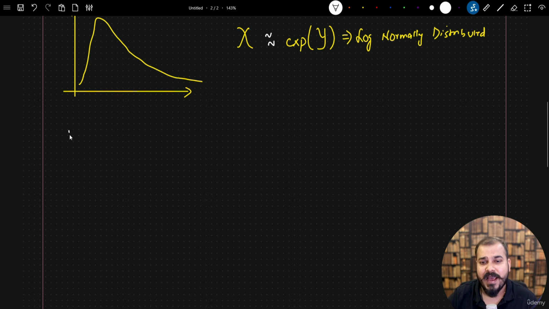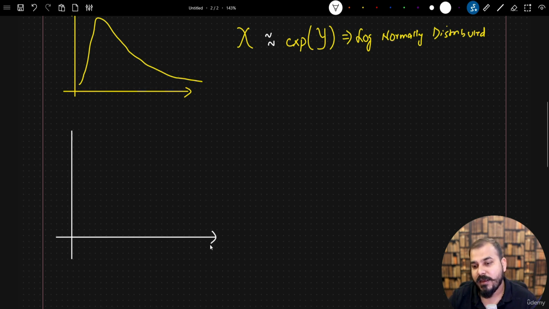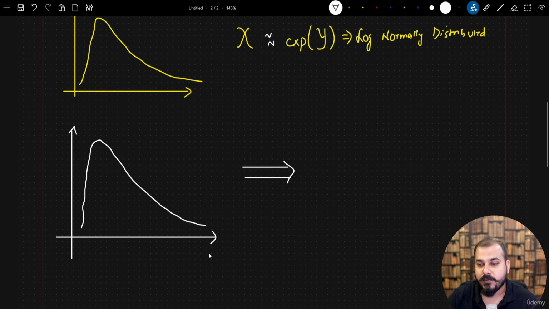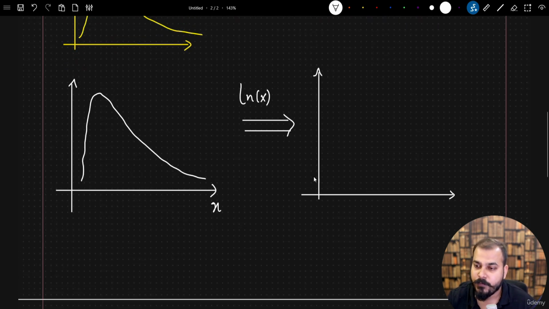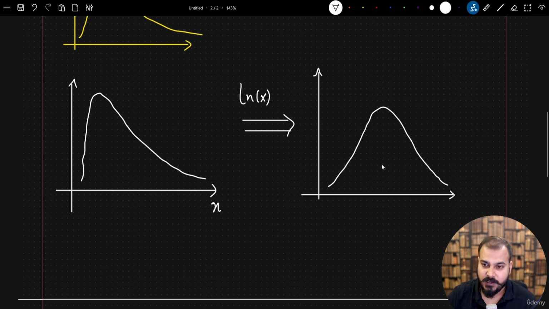Let's say I have a random variable which has this kind of distribution, and this is my x. If I apply ln of x, then I will get a Gaussian distribution, something like this.